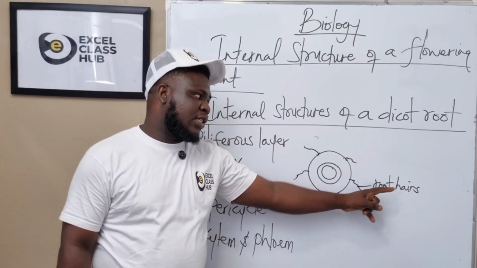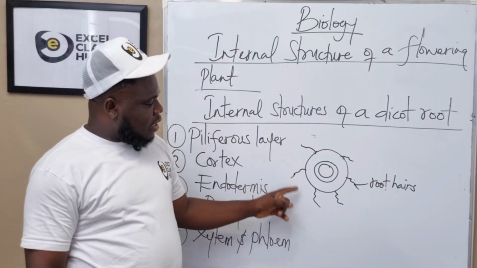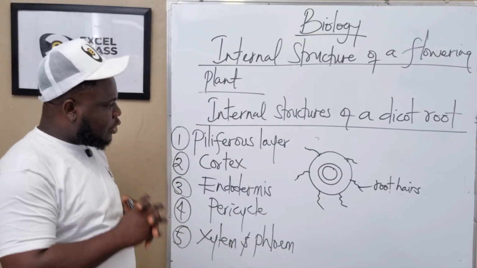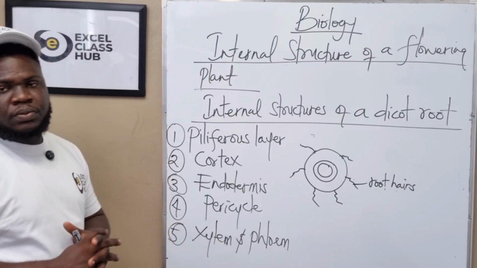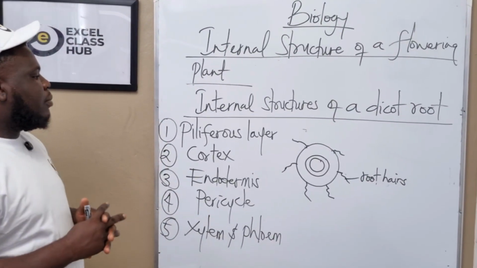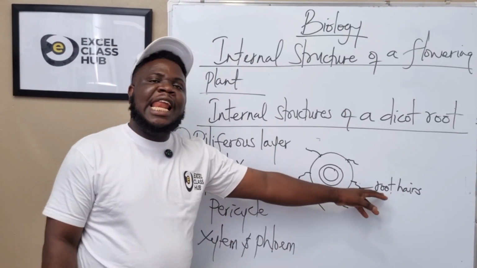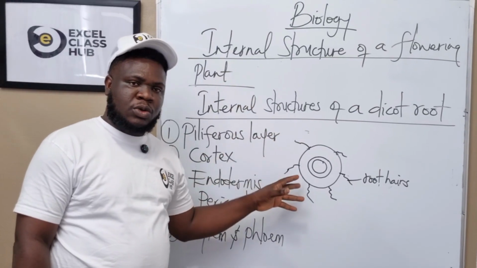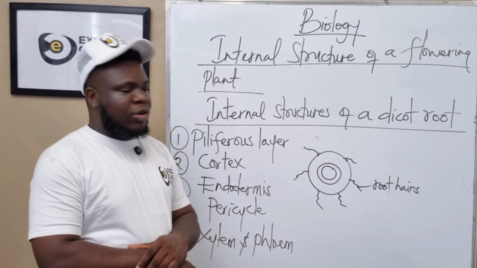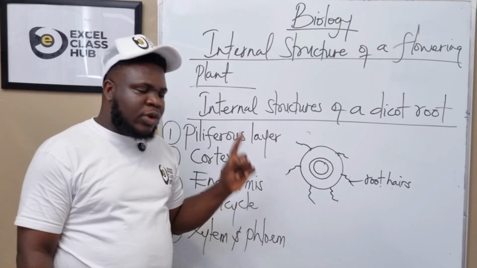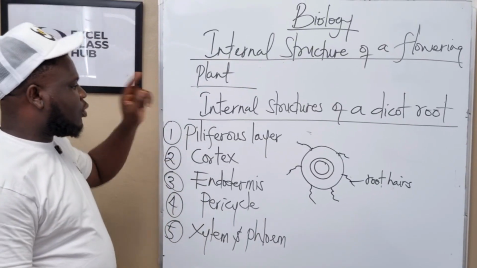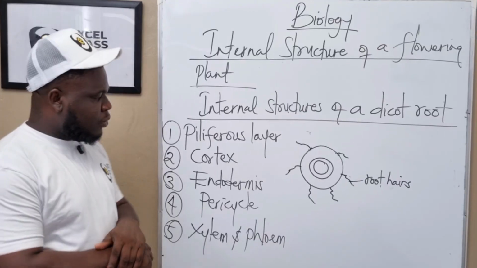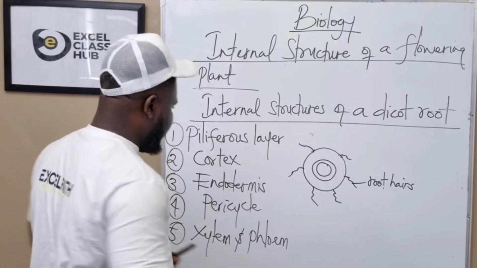If you can see root hairs in that structure, then it is definitely a root. But if root hairs are lacking, then that structure is a stem. Because every root must possess root hairs.